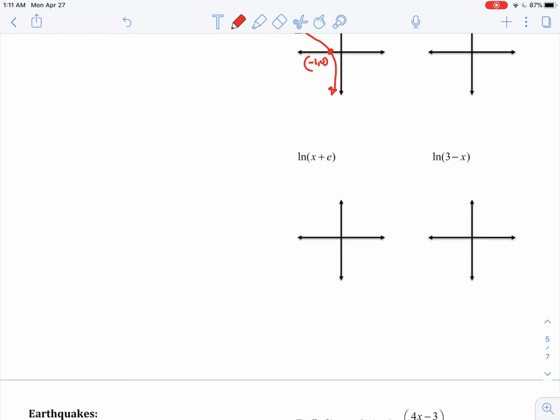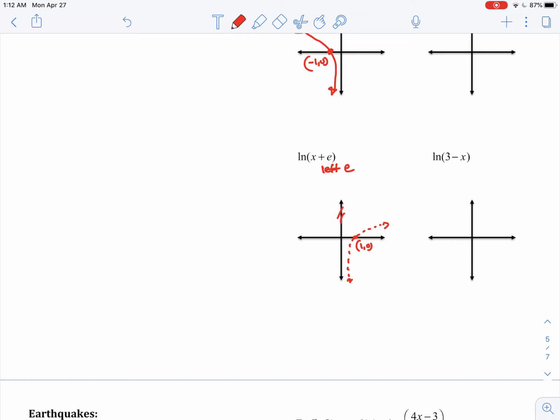On the next one, the natural log of x plus e, about 2.7. Remember, if we are adding to the input, adding to the x, that is actually telling us to go left, and in this case we're going left e units, left 2.7. Our basic graph was right here. That was our basic natural log of x, where we were here at (1, 0).